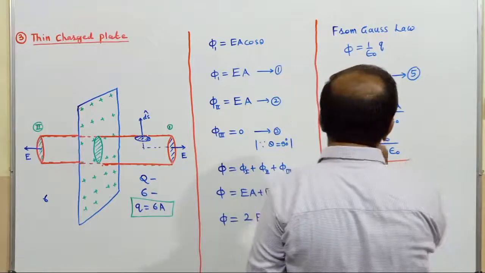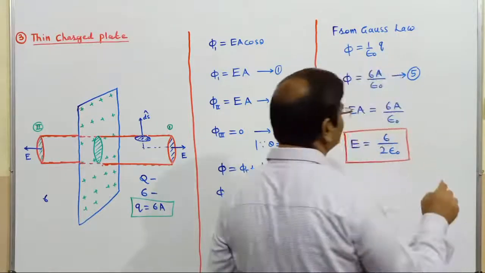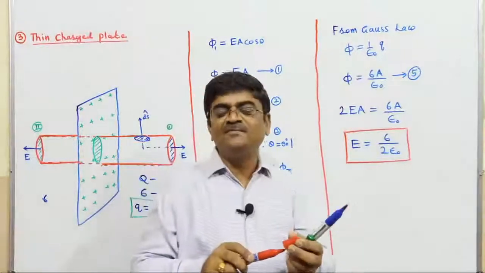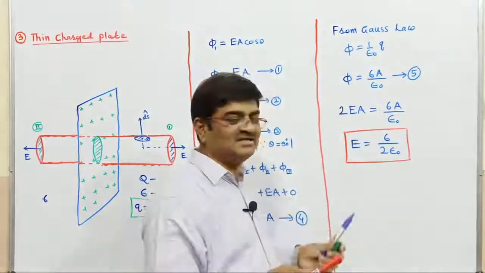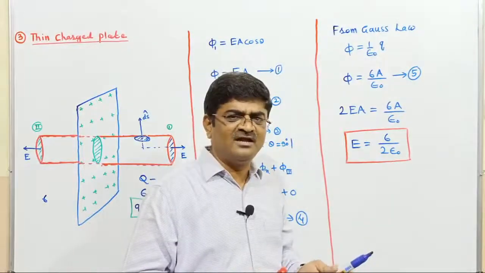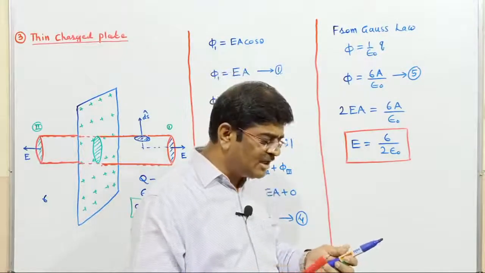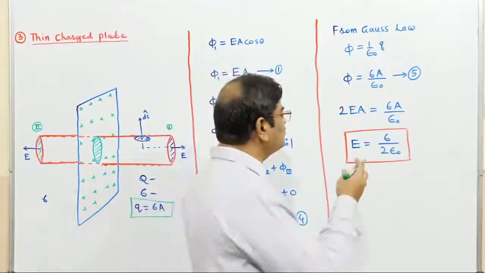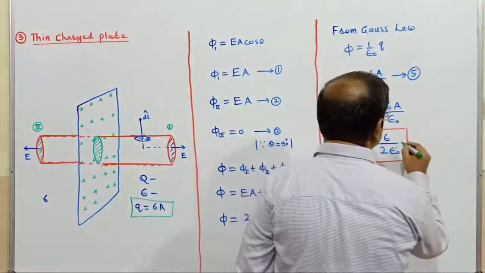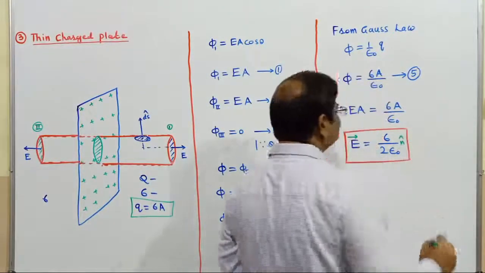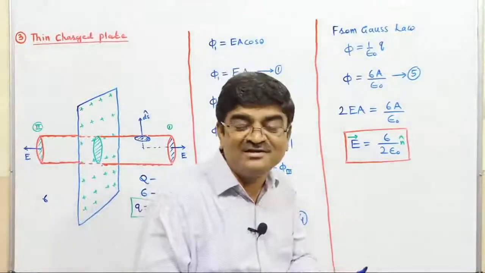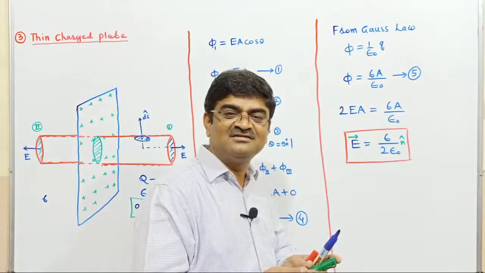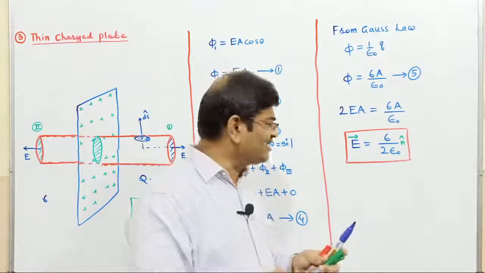Electric intensity at a point in the neighborhood of a thin charged plane sheet is given by this magnitude. If you wish to write direction also, you can introduce a unit vector. You can write this as n cap. What is n cap? I have to mention. n cap is a unit vector along the direction of intensity.